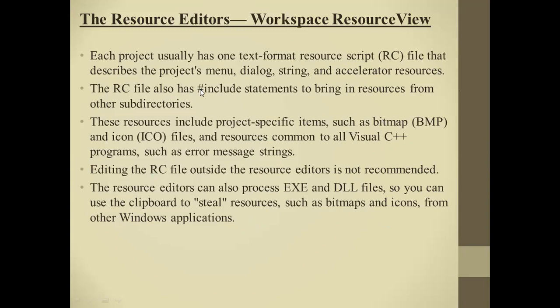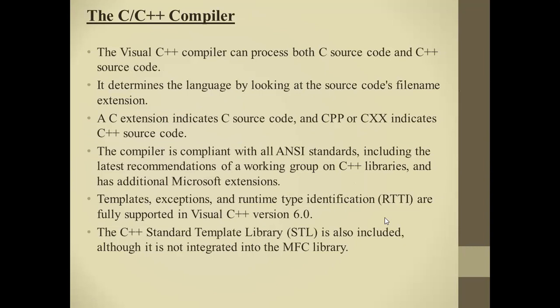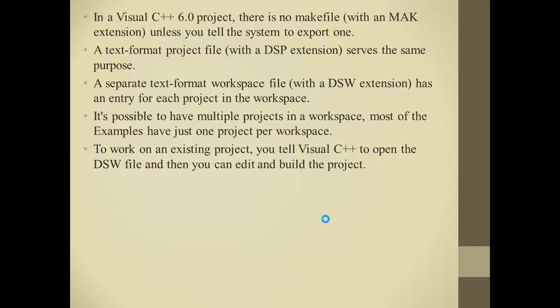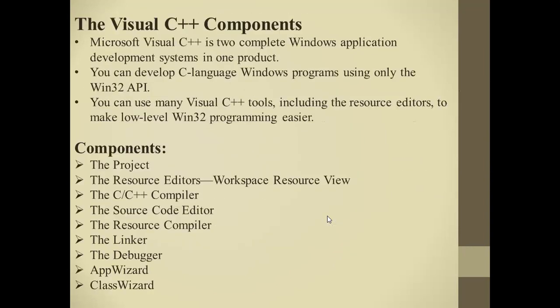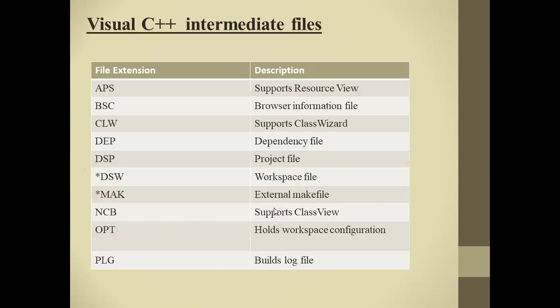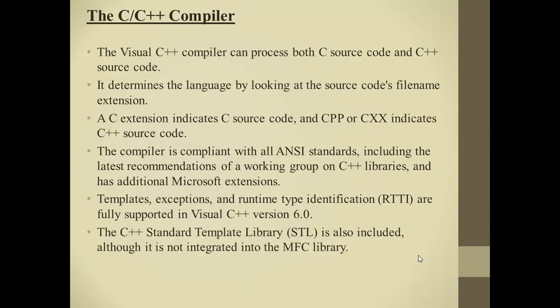So let's move to the third component. Our third component is your C and C++ compiler. As we discussed in the very first slide, Microsoft Visual C++ is a two-package format.